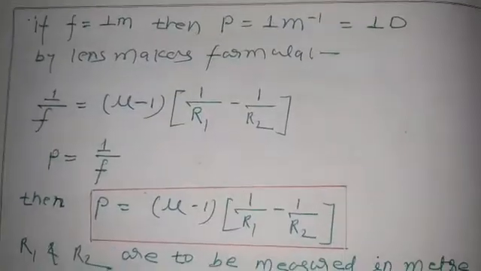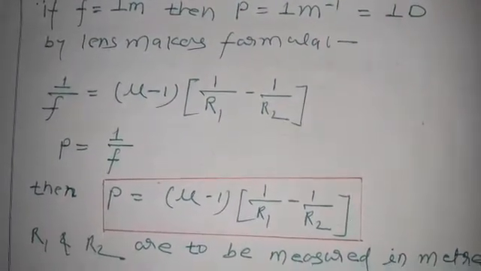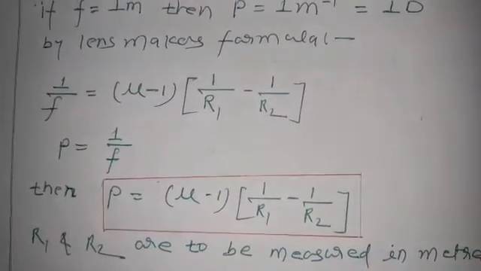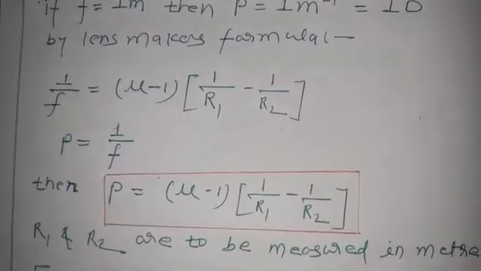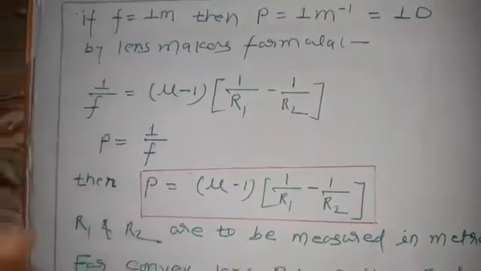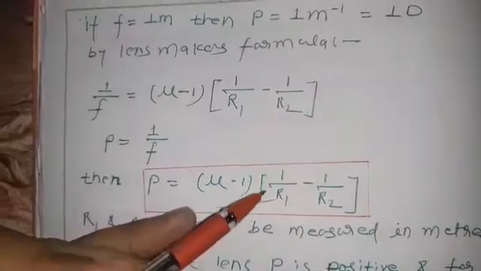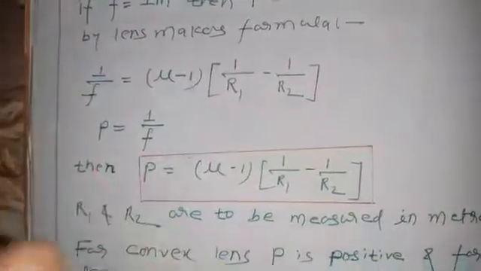D for diopter. By Lensmaker's formula, we have 1 upon f equals mu minus 1 into 1 upon r1 minus 1 upon r2. P is 1 upon f, so this formula becomes P equals mu minus 1 into 1 upon r1 minus 1 upon r2.